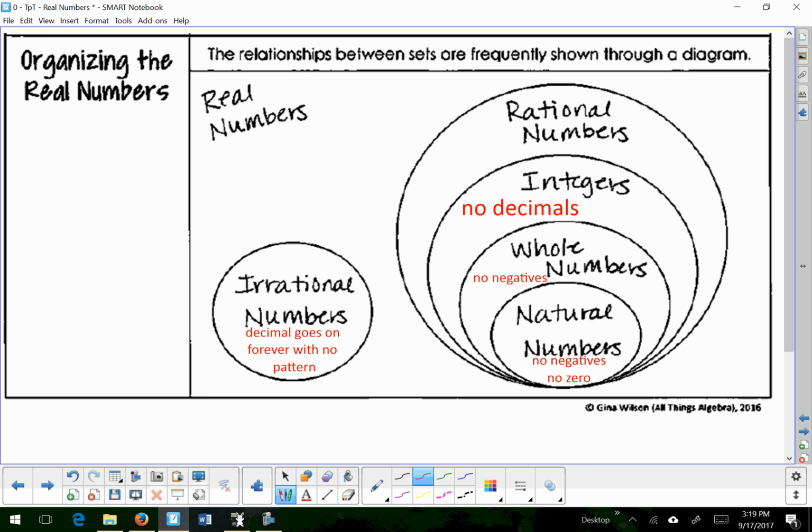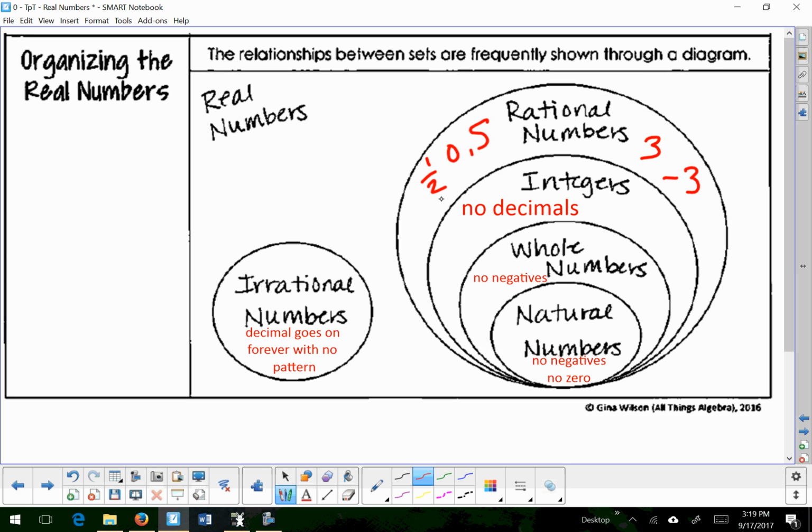So like 1/2 is a rational number, 0.5 is a rational number, 3 is a rational number, -3 is a rational number, but not all of these four are integers. Integers are numbers that have no decimals in them with the exception of 0.0.